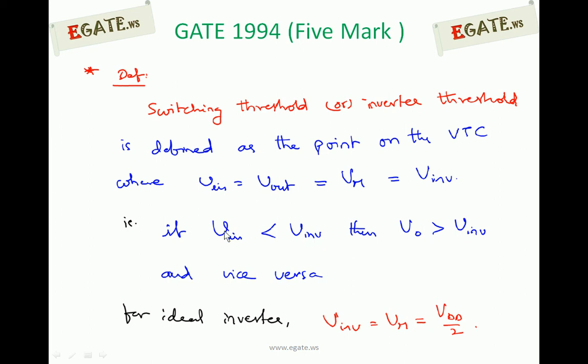If V input is less than V inversion, then V0 is greater than V inversion, and vice versa. For an ideal inverter, this switching threshold point occurs exactly at the middle of the power supply, that is V inversion is equal to VM is equal to VDD by 2. That gives equal noise margins for the high level as well as the low level.